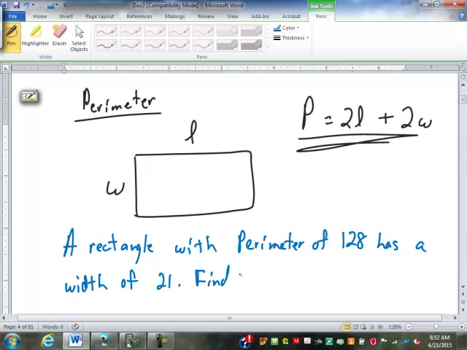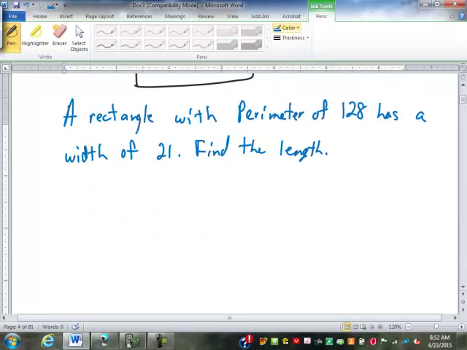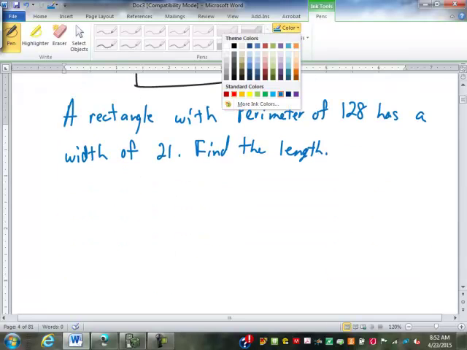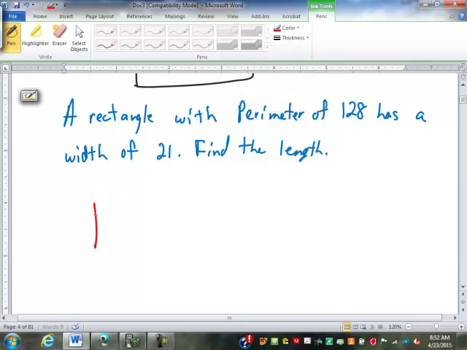Find the length. So, here's our length. This is 21 units here.